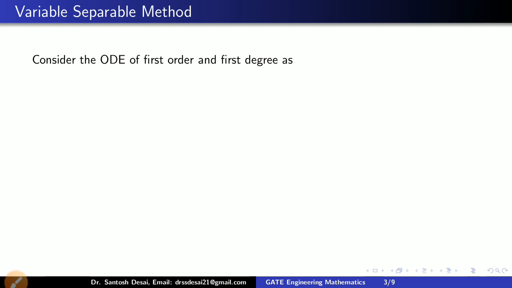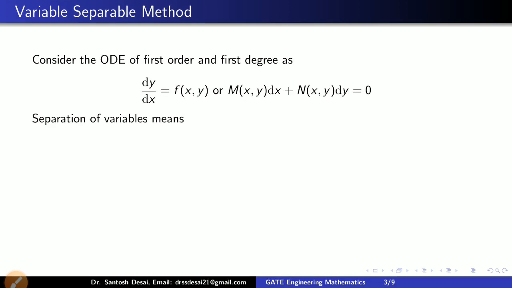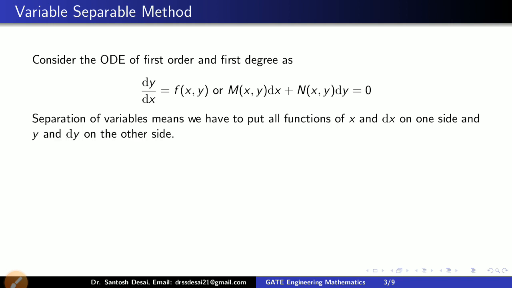Consider the ordinary differential equation of first order and first degree as dy by dx is equal to f of x, y or M dx plus N dy is equal to 0, where M and N are functions of x, y. Now separation of variables means we have to put all the functions of x and dx on one side and all the functions of y and dy on another side.